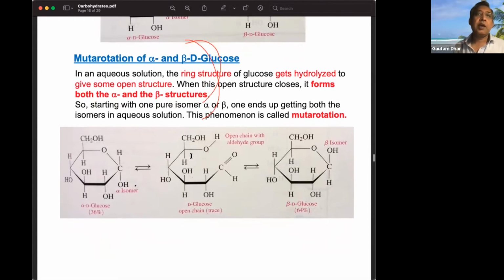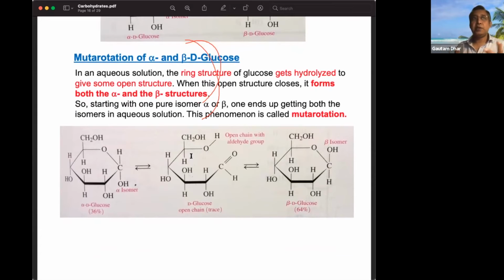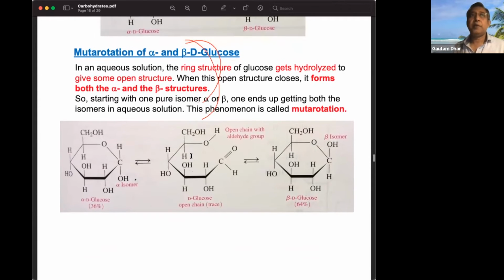Now, we can calculate the angles by which they are rotating. So if the alpha rotates by 20 degrees to the left, the beta will rotate 20 degrees to the right. The D and L enantiomers rotate the light exactly by the same amount, but in the opposite direction.